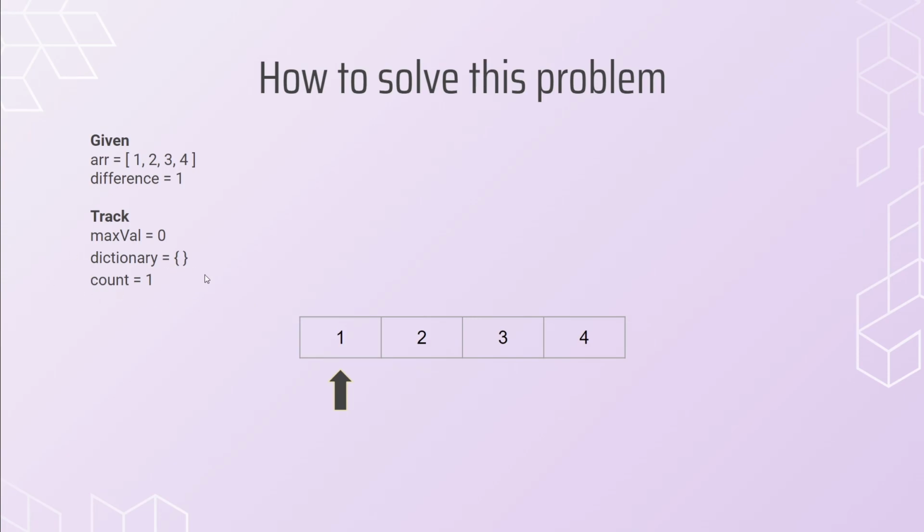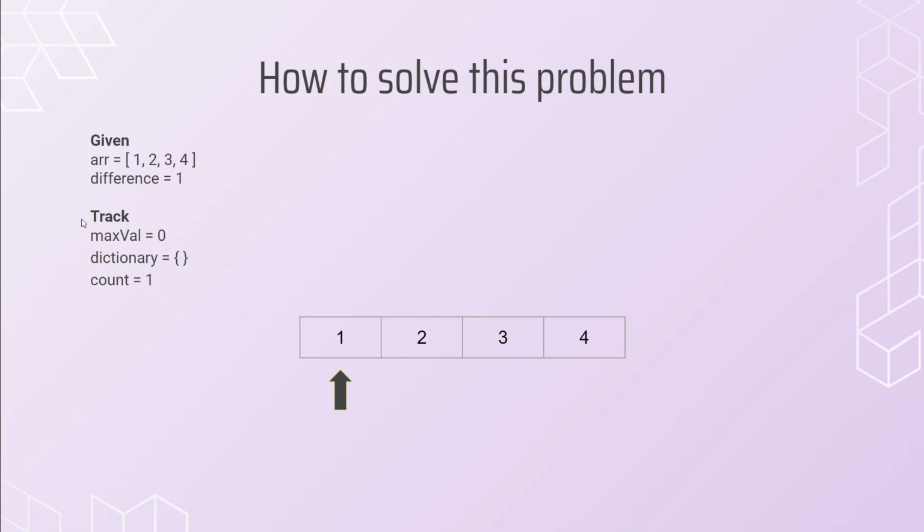The count will be starting off with 1 because that's going to be the current count for that specific value. We know that a specific value, like let's say 1, will always have a subsequence count of 1, being itself. So that's going to be the largest possible at all times. Unless, of course, we don't have anything in the list. In that case, the max value would just return 0, and then there's nothing else to calculate.